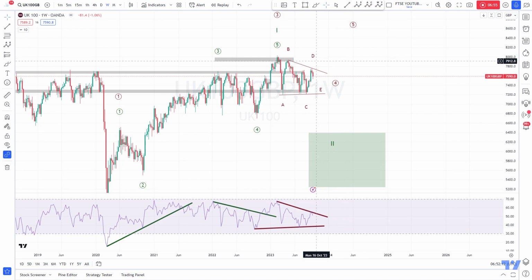But okay, this is still my secondary scenario. So my main expectation would be to see downside as a corrective move, but we have to take into account this secondary scenario. This is something that can play out.